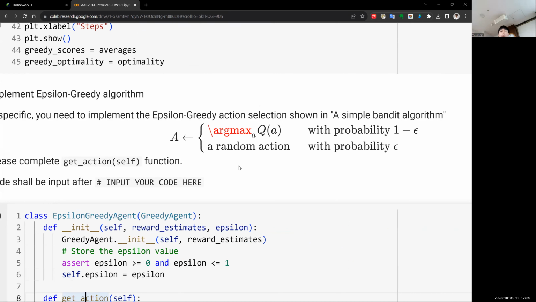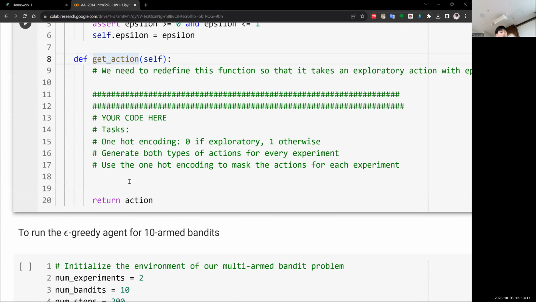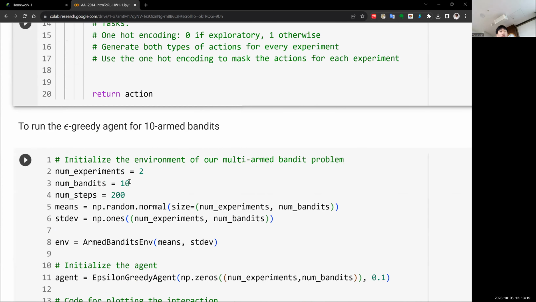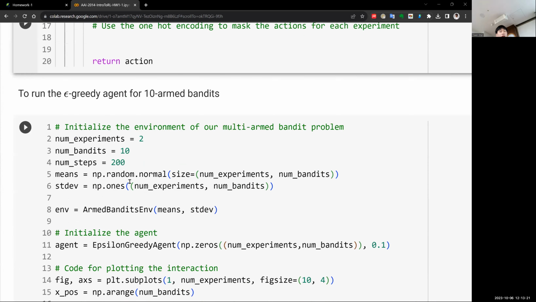It's also in the algorithm in the textbook, where we show the simple bandit algorithm. So you need to implement this part. You need to use the argmax you developed previously, input the action value here and check the probability. If you correctly finish this part, then you can run.